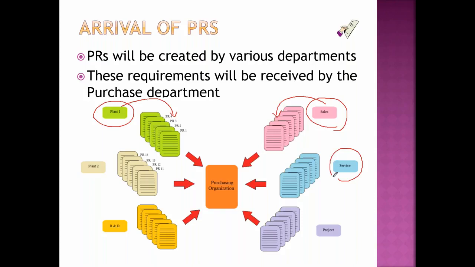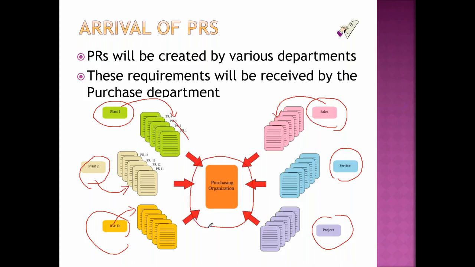Finance, R&D, factory production, different departments go on creating purchase requisitions. These documents, one by one, the purchase department goes on receiving, just like how we get mails in Gmail. We accumulate them daily, and some documents come and sit in the purchase department.